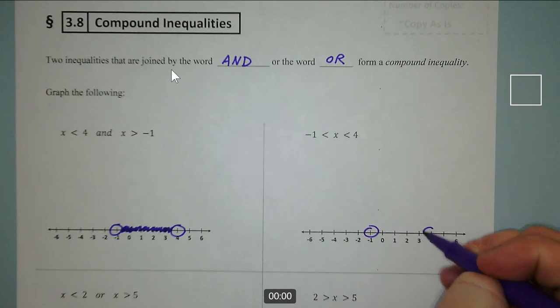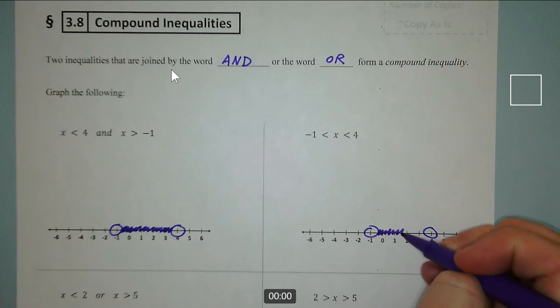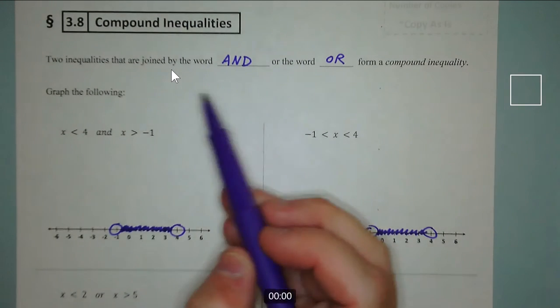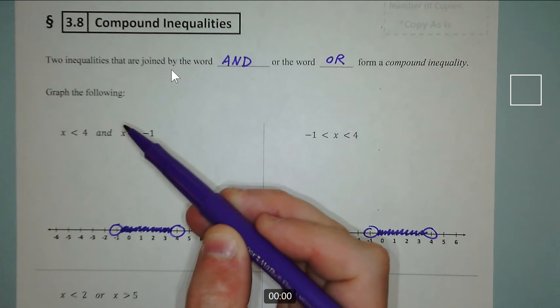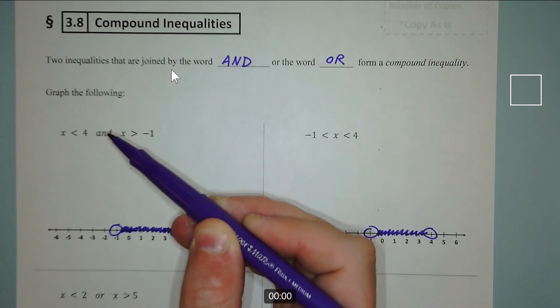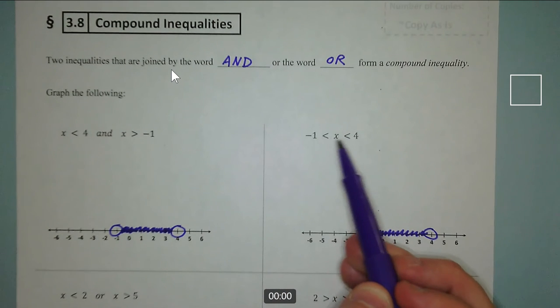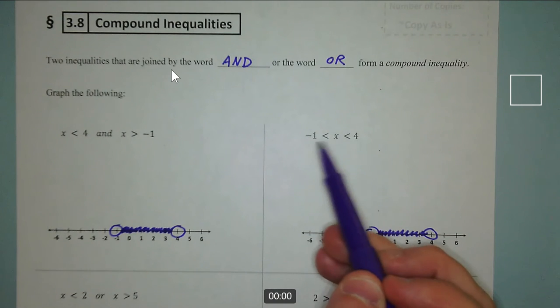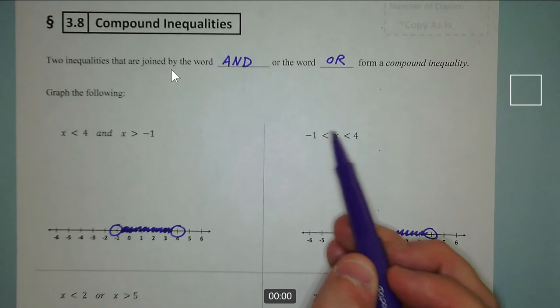So this is the exact same compound inequality. It's just that these are literally separated and have the word and connecting them. These are the same two inequalities, just smushed together in this combined form.